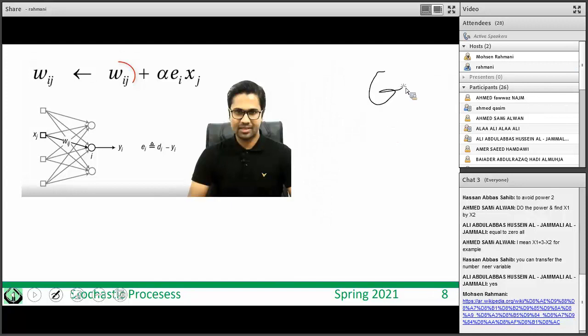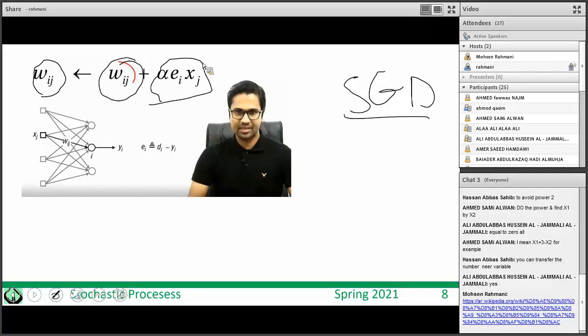In gradient descent, or stochastic gradient descent, we change the W's by adding a value.